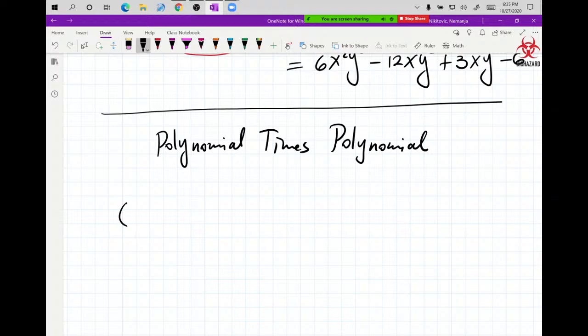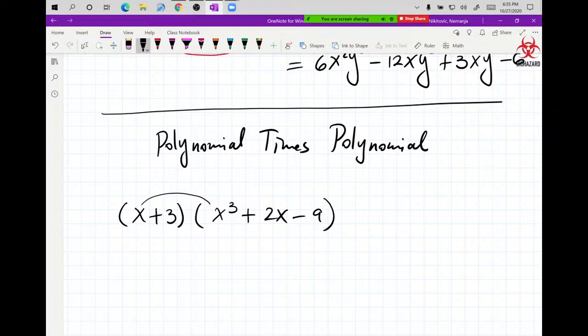So we can start with, let's say, x plus 3 times x cubed plus 2x minus 9, for instance, whatever. And we are going to have the same rule.